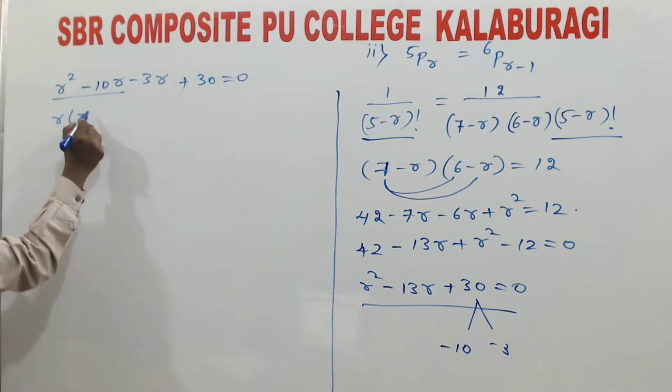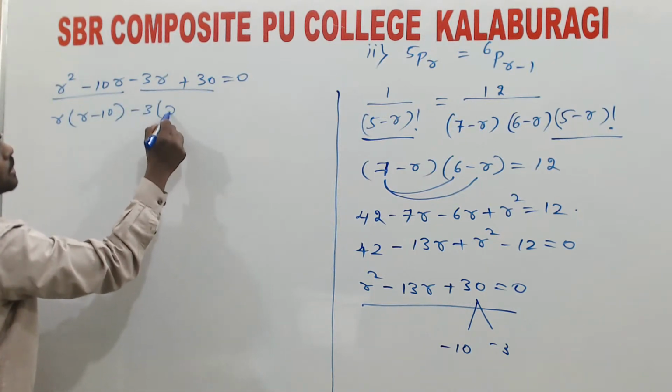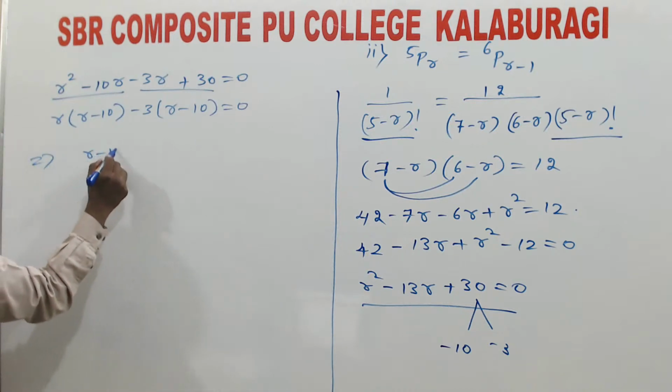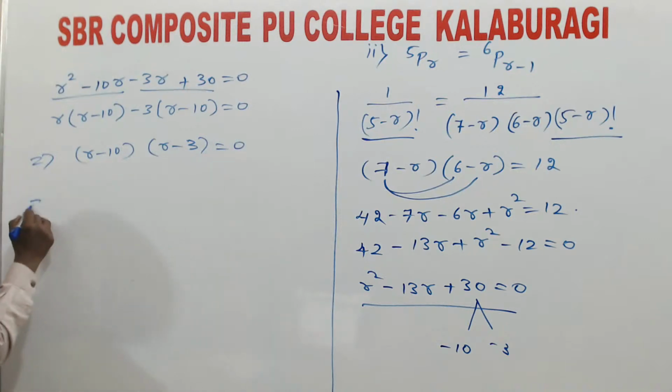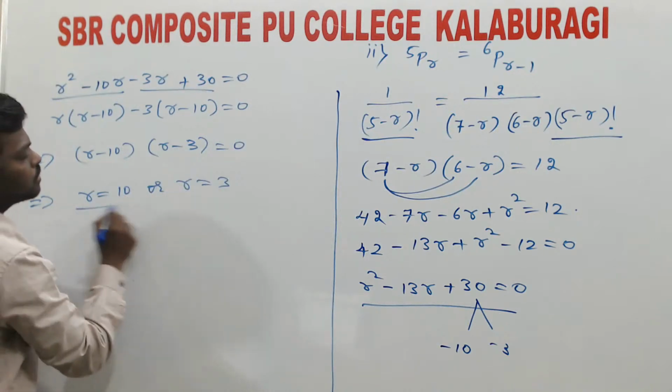Here r is common, and here minus 3 is common. So now (r minus 10) is common: (r minus 10)(r minus 3) equal to 0, which implies r equal to 10 or r equal to 3.